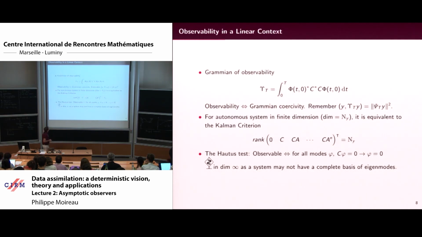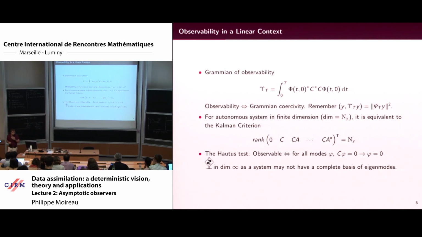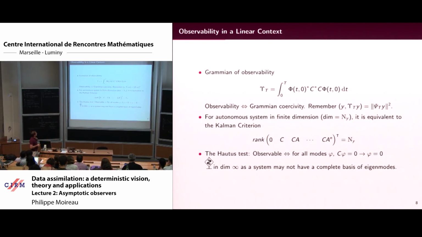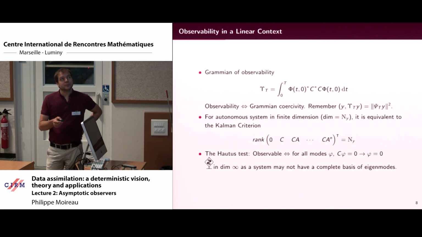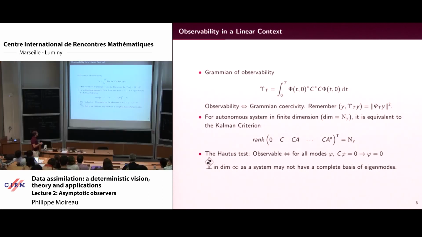So there are ways to determine if the system is observable. Basically, what people do is compute what we call the Gramian of the system. In the linear case, phi is the associated semigroup, and from phi you take the observation and the adjoint.